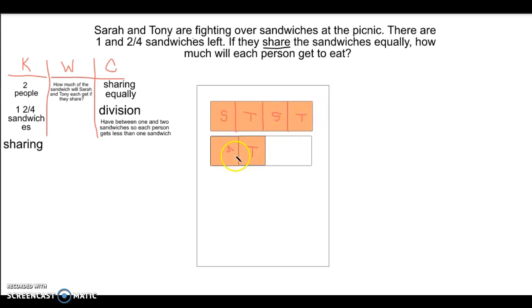All those pieces are about the same size. So let's figure out how much that is. These sandwiches were cut into fourths, right? So each one of these squares represents 1/4. So Sarah has 1/4 right here, 1/4 right here, and 1/4 right here.